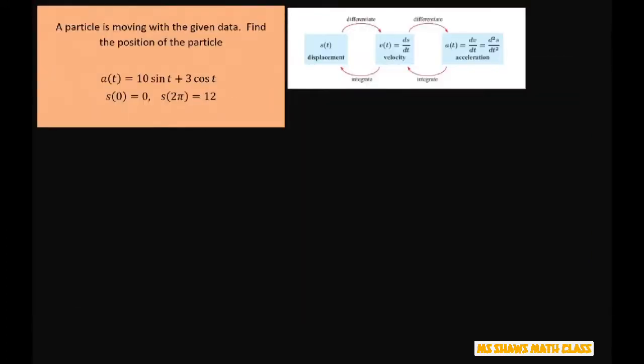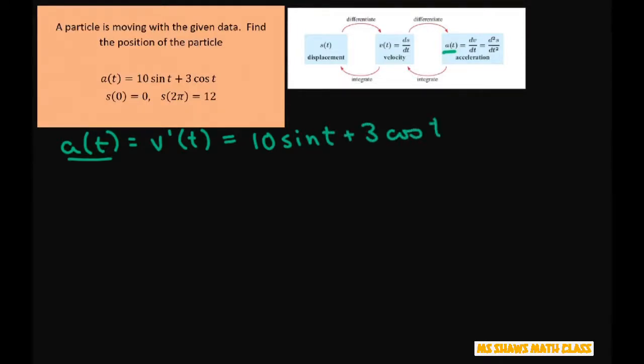We're going to get started. Looking at this, we're given the acceleration, so we know that the acceleration a of t equals the derivative of v of t, the velocity. And we know that a of t equals 10 sine of t plus 3 cosine of t.